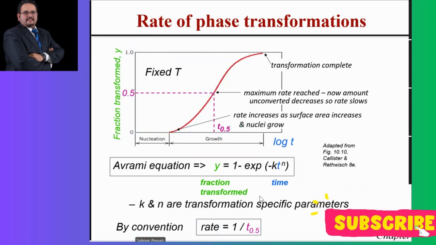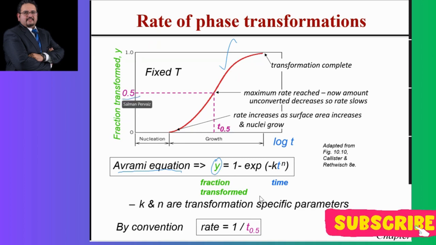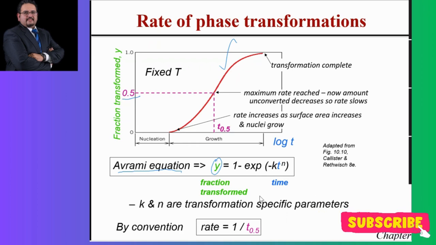And how do you specify this behavior? It is from this curve, from this equation, called Avrami's equation, where y is how much fraction of alpha is transformed into beta.